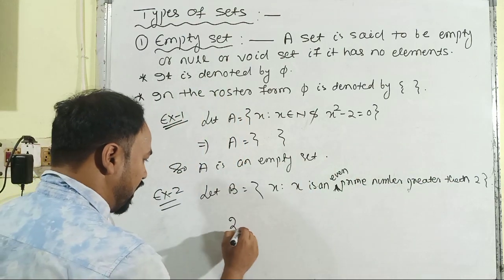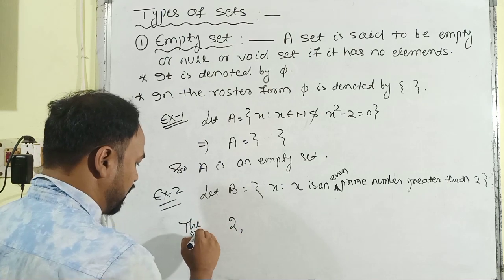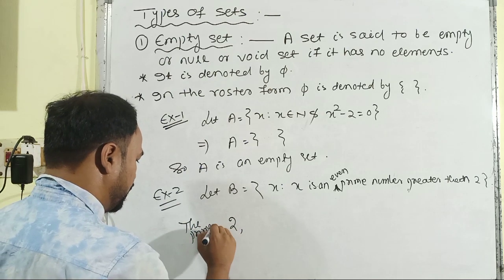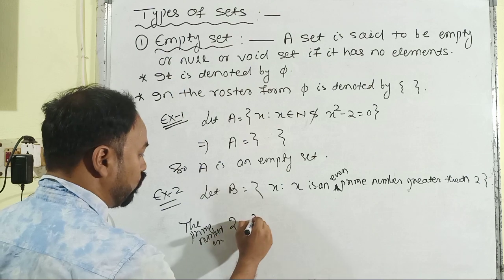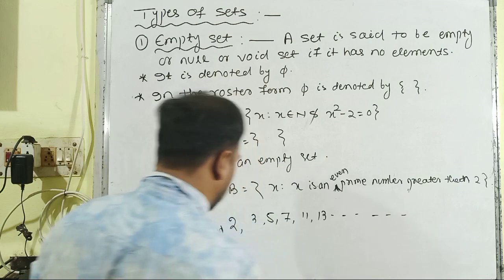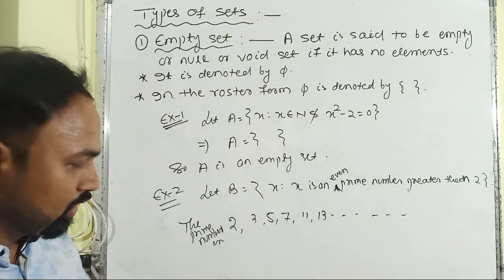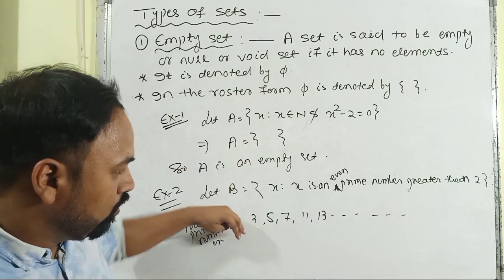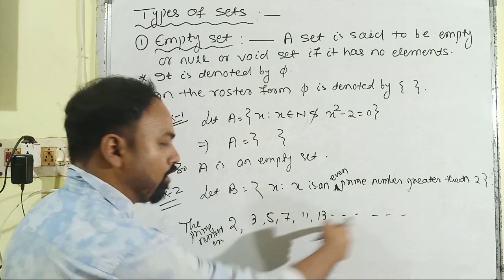The prime numbers are 2, 3, 5, 7, 11, 13. You can see that all of the prime numbers greater than 2 are odd numbers.